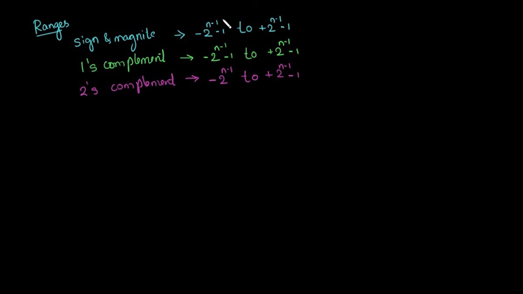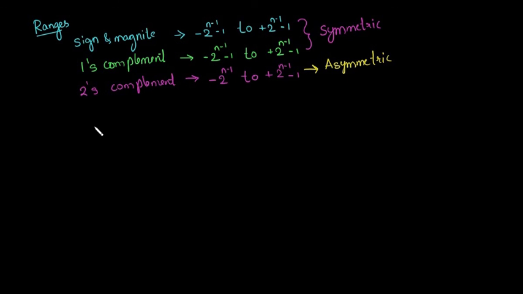We can observe here that these two are symmetric ranges, which means both positive and negative numbers are equal, whereas this is an asymmetric range. The range of positive and negative values is different. So this is the observation that we have to keep in mind.